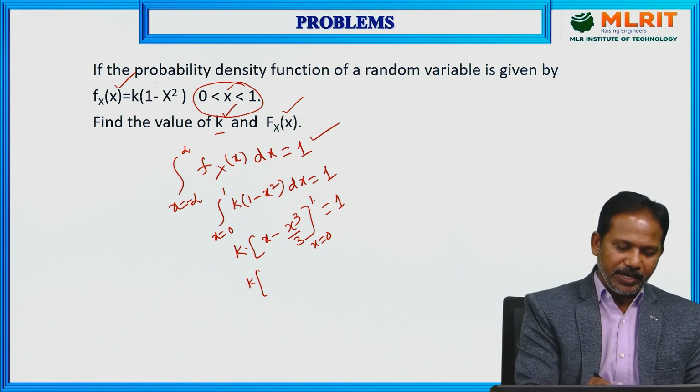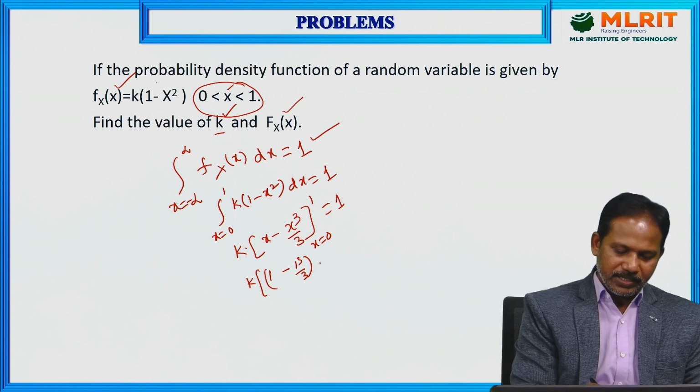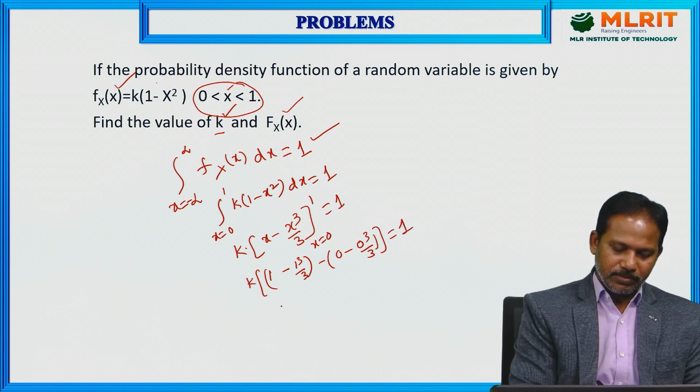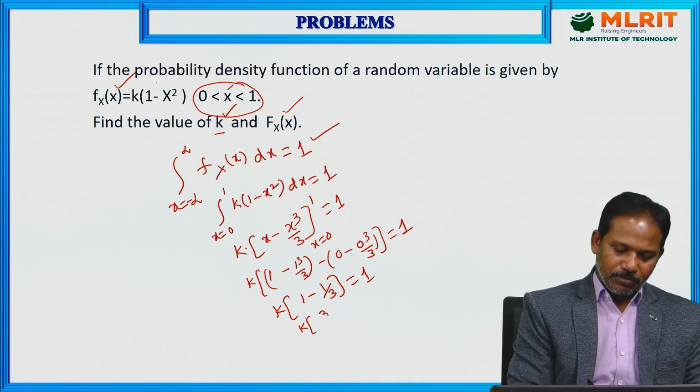Instead of x, I substitute the upper limit, that is 1 minus 1 power 3 by 3, minus of 0 minus 0 power 3 by 3, is equal to 1. That is k into 1 minus 1 by 3 is equal to 1. That is k equal to 3 by 2. So this is my constant value.